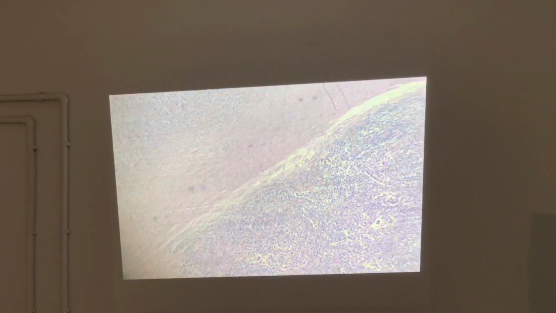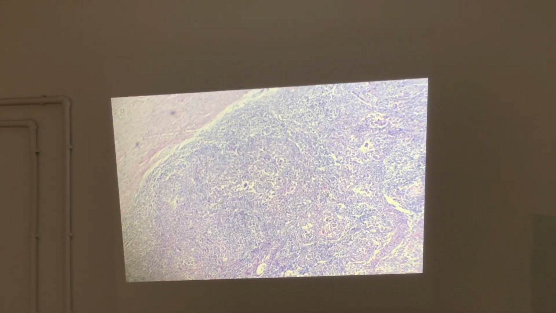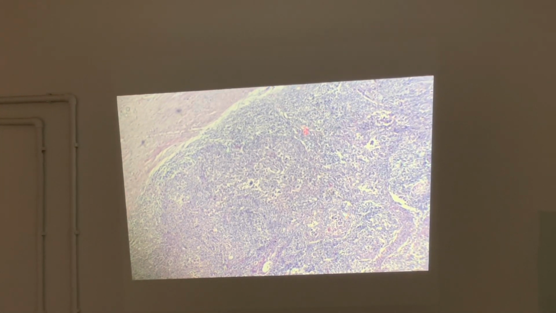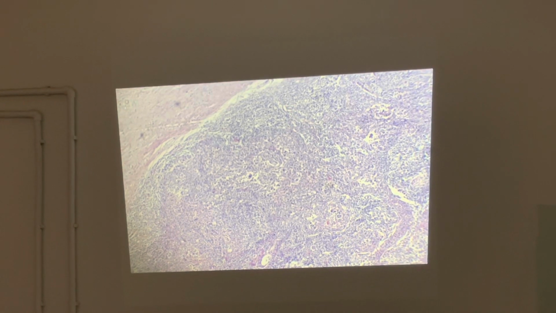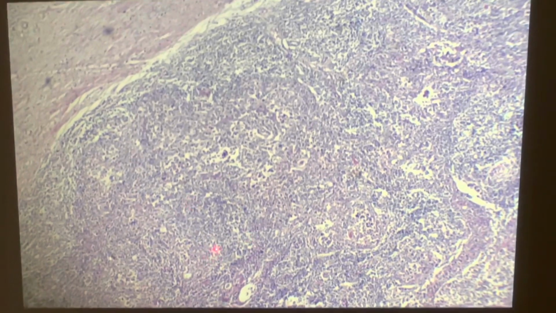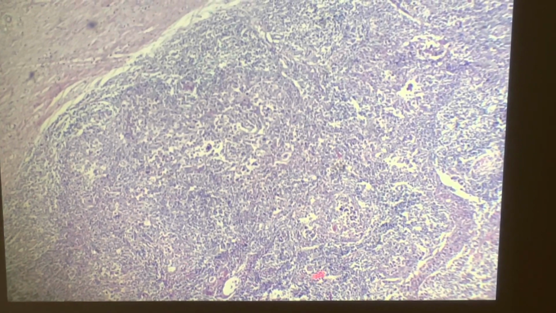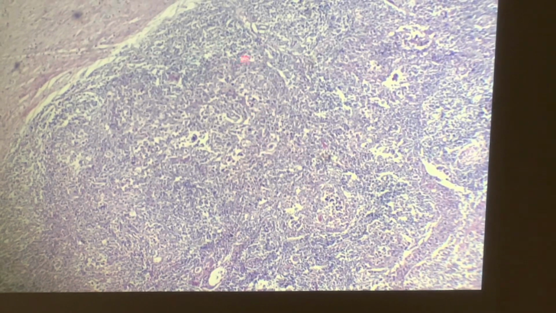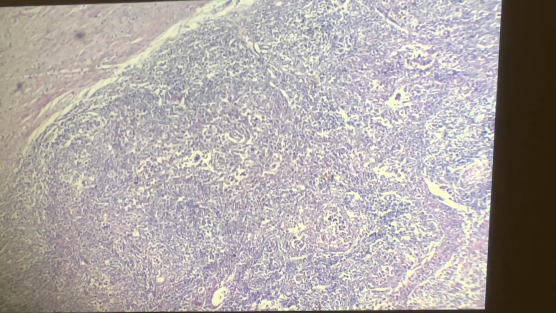Here, there is a proliferation of the lymphocyte. The lymphocytes undergo proliferation, increasing in number, and forming what looks like a nodule. Take a look. We have aggregation of the cells forming a nodule, and each of these nodules is separated by the stroma. Now let's check in the high power.